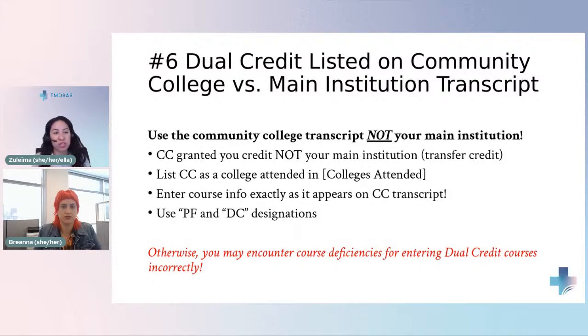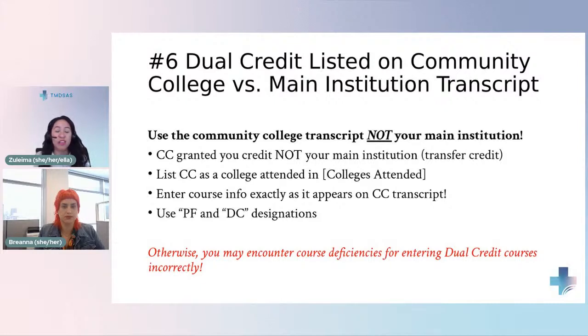That's where you took the class, whether at my high school, we had the professors come to our high school. We had a special lecture hall where we had our dual credit courses hosted, and so even though it was hosted in my high school, we did have the professor from our local community college come and teach the class. So in this case, use a community college transcript, not your main institution. Again, the community college granted you the credit, not your main institution.